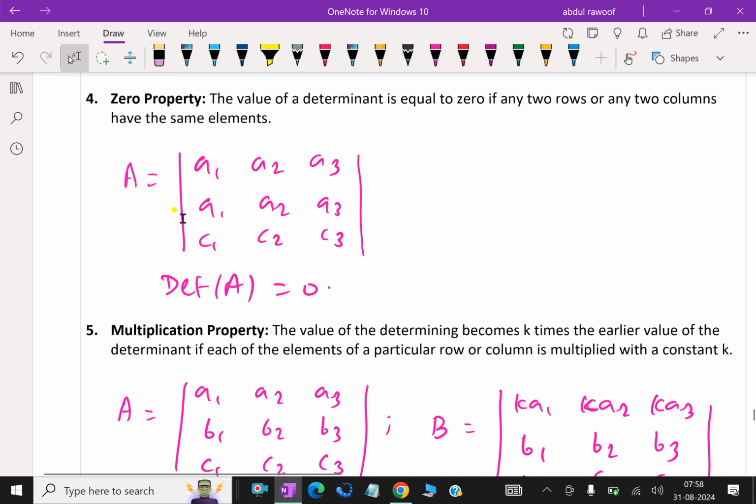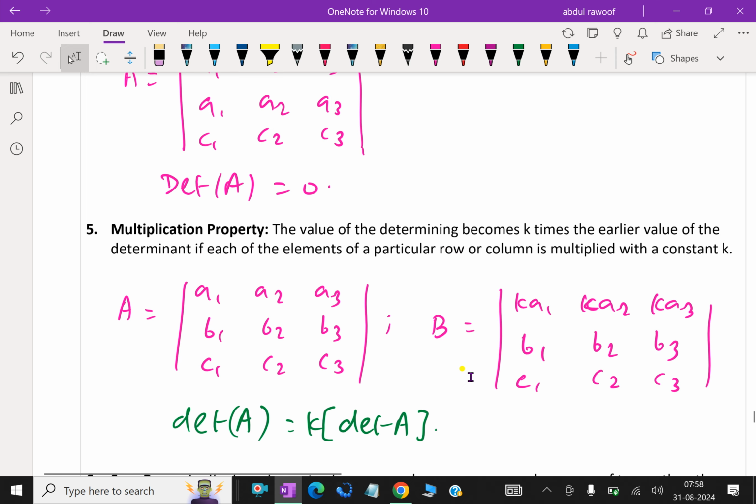Even if the columns are the same, that is the first and second columns or the first and third columns are equal, then the determinant value is 0. Means in any determinant, if two rows or two columns are the same, then the value of that determinant is 0. Next one, multiplication property.